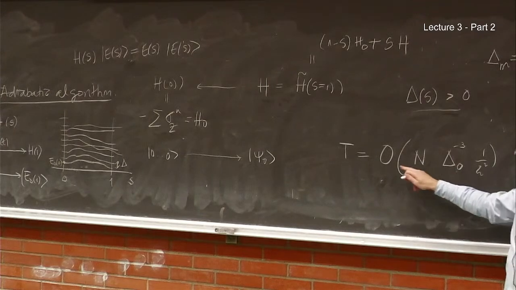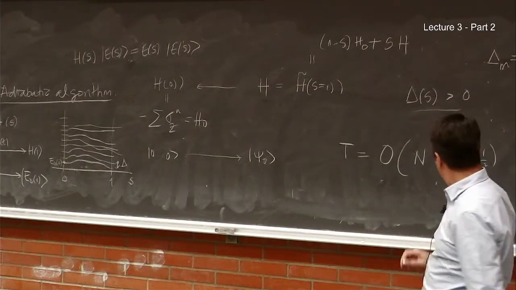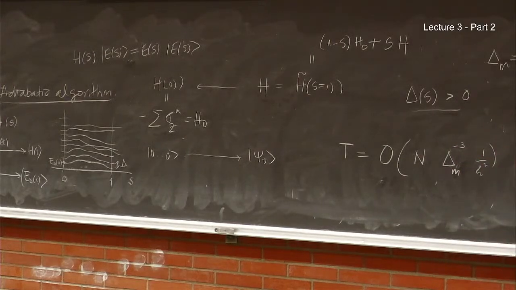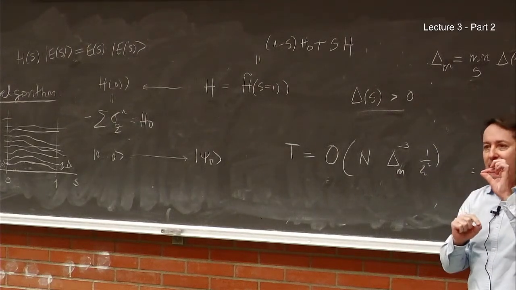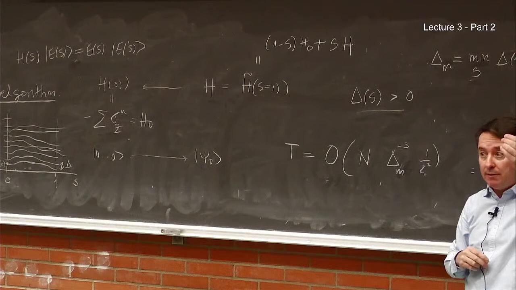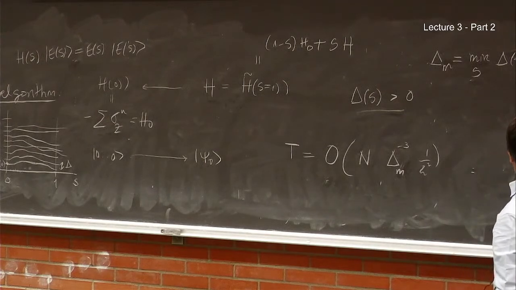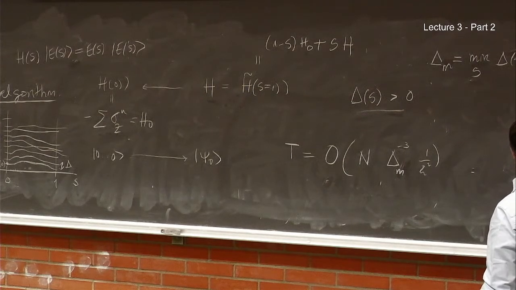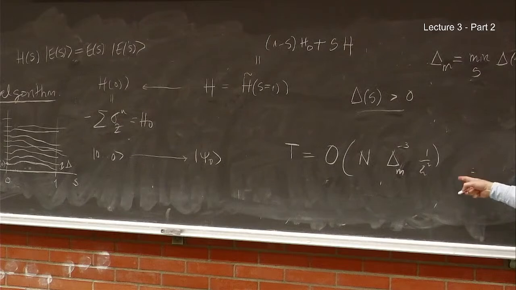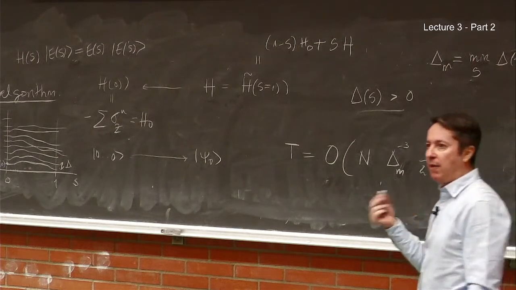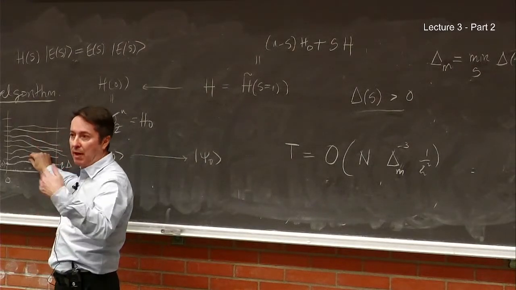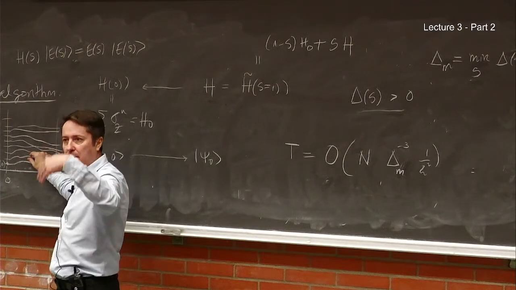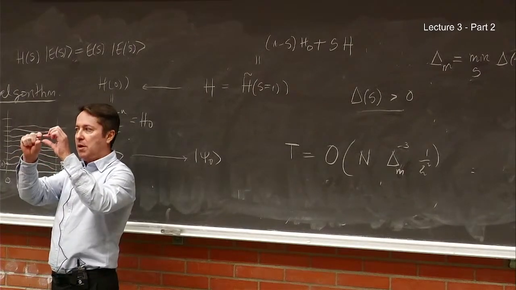As long as the minimum gap only decreases like 1 divided by polynomial in n, poly n, then this will work. So you find a path such that this doesn't close. Now you increase n, and increase n, and increase n, and maybe this is closing and closing and closing.